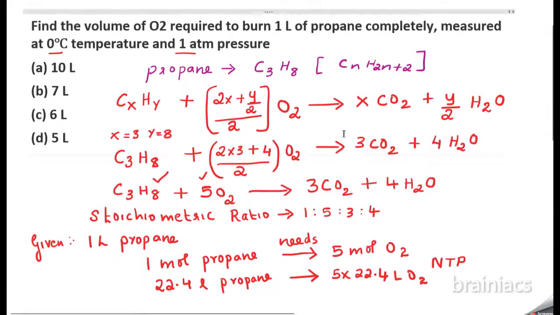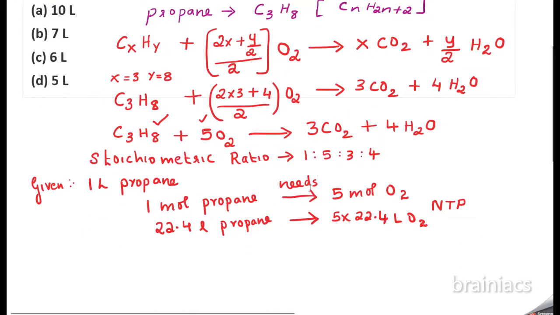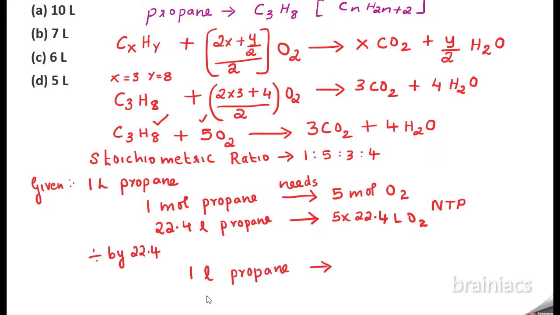Now we will see what you need to calculate here. They are asking how many liters of oxygen are required for 1 liter of propane. So how do we convert 22.4 liter to 1 liter? Divide by 22.4 on both sides. On dividing, this becomes 1 liter propane, and on the right side, dividing by the same value 22.4, this becomes 5 liter oxygen at NTP.